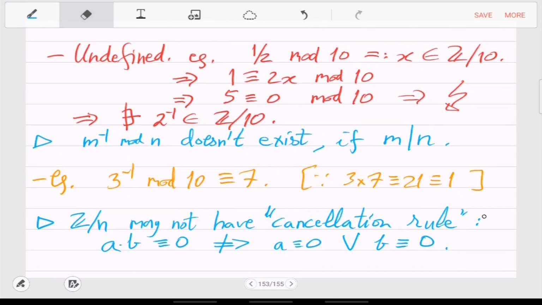Is that clear? So two non-zero things can multiply and give you 0. That's the problem in the Z/N set. And the example was 2 times 5, right? 2 is not 0, 5 is not 0, but the product is 0. So this cancellation rule is missing, which we take for granted in integers. Is that clear? This is exactly why you don't get inverses.